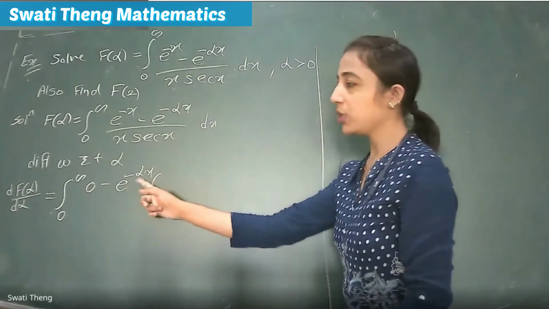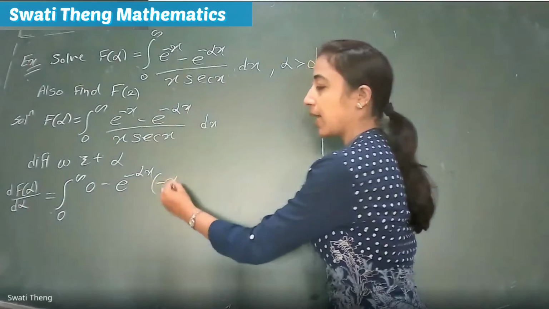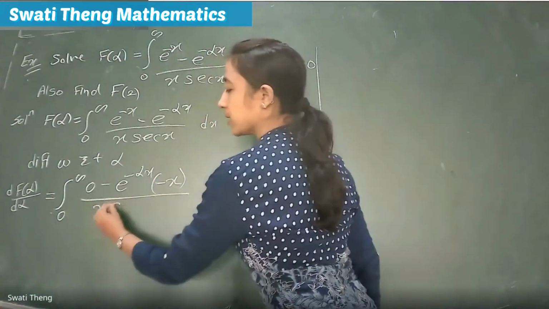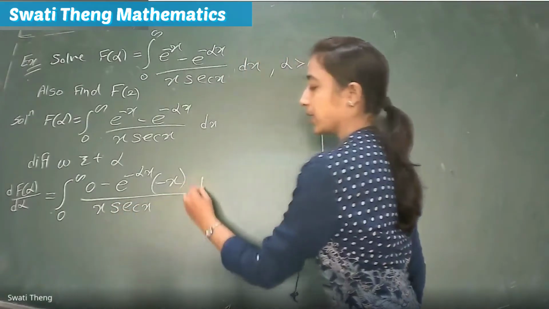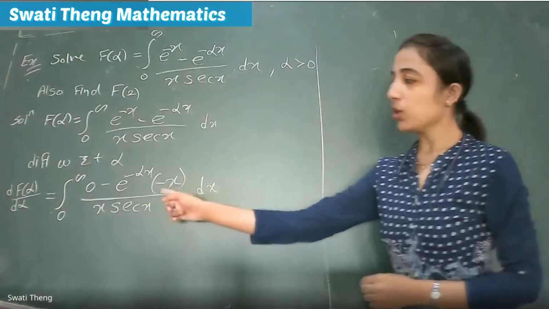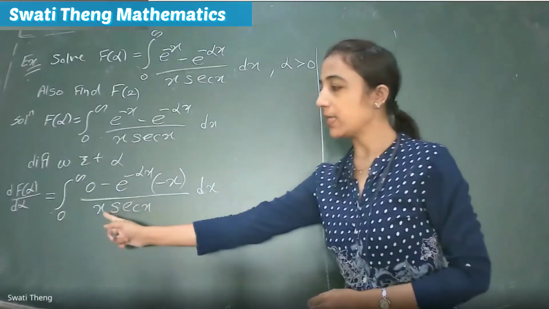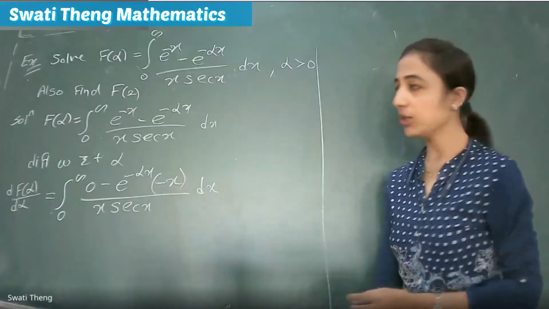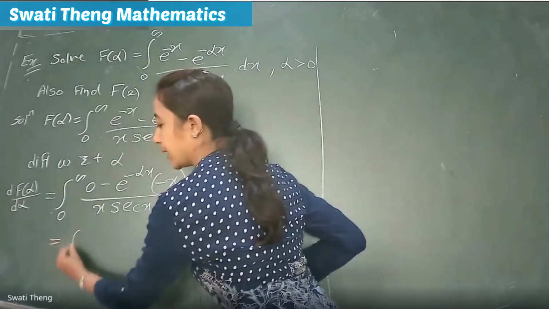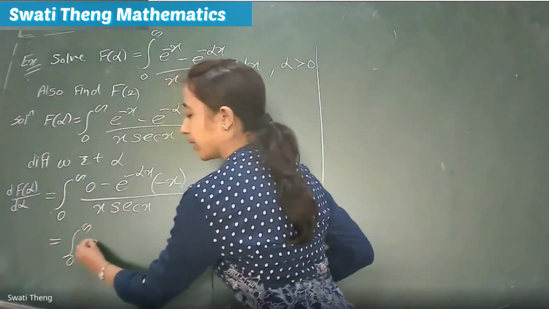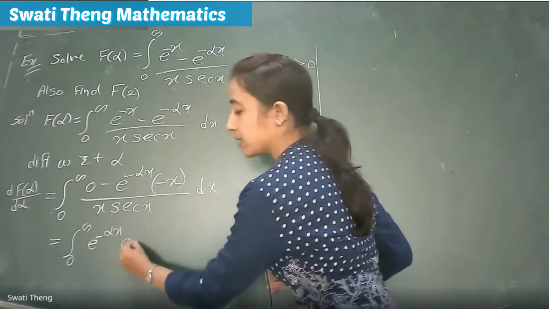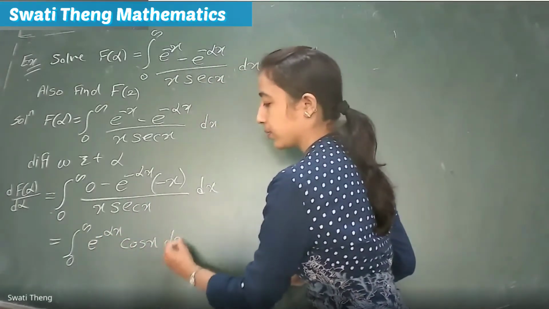Since we are differentiating with respect to alpha, this minus x stays as it is, and the derivative of alpha is 1, divided by x sec x dx. Here minus of minus is plus, and this x is cancelled with this one. And this 1 upon sec x we can shift into the numerator. So it is the integral from 0 to infinity of e raised to the power minus alpha x, and 1 upon sec x we can write as cos x dx.